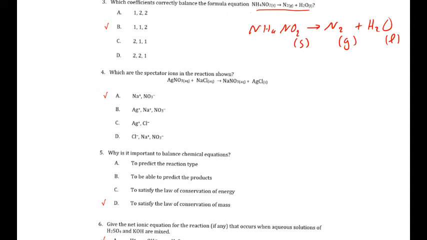To balance the equation, firstly look for nitrogen. I have on the left side 2 nitrogen atoms, and on the right side I have also 2 nitrogen atoms. So nitrogen is balanced. Hydrogen. We have 4 hydrogen atoms on the left side, and only 2 on the right side.